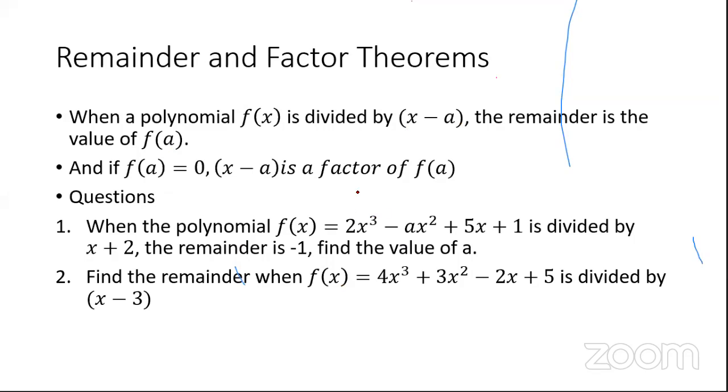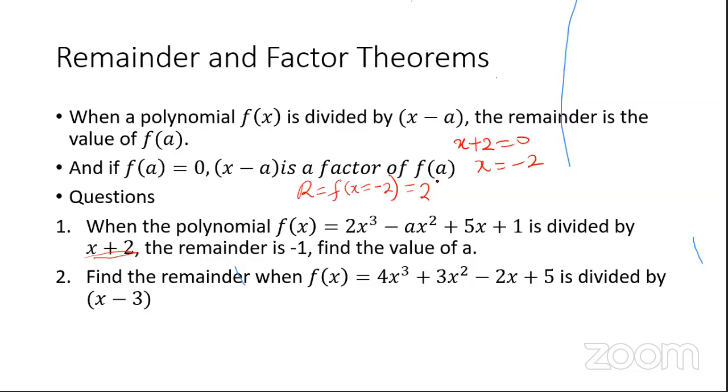If you need to find that, you just go to x plus 2. That is the divisor. Equate it to 0. x plus 2 equals 0. x is equal to minus 2. So instead of having just f of x, replace all x with minus 2. Our remainder is equal to this.